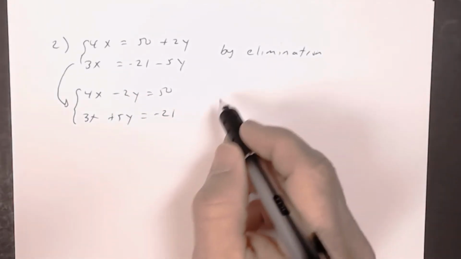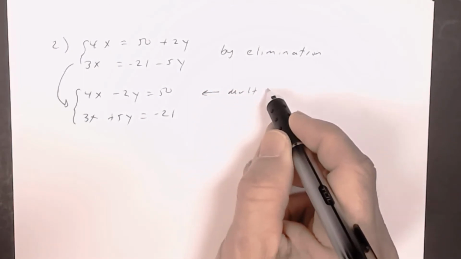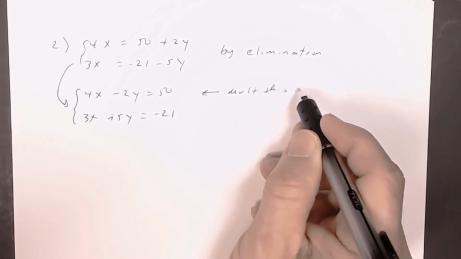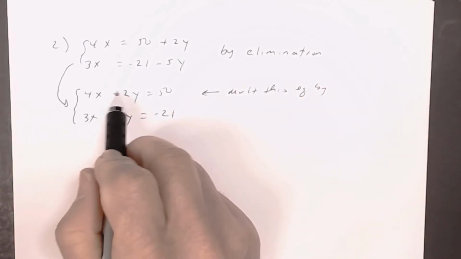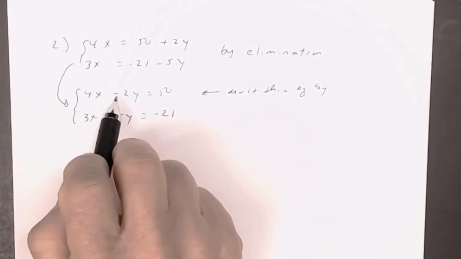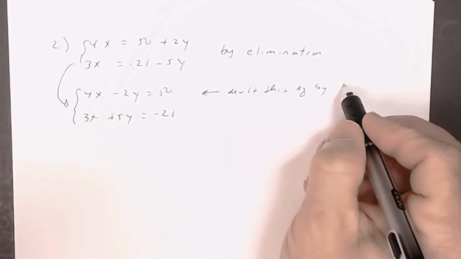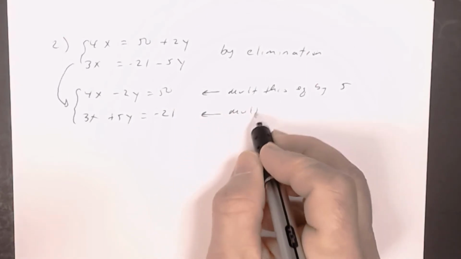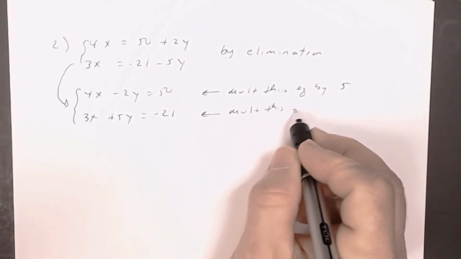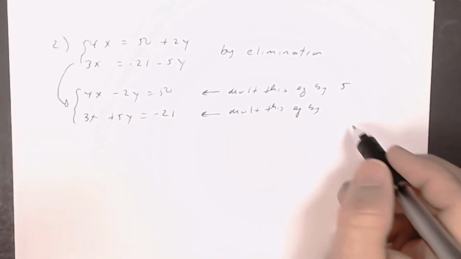So what I'm going to do is multiply this equation by, remember, I want this to have a coefficient of negative 10, so I need to multiply both sides by 5. And then we're going to multiply this equation by 2. Okay?